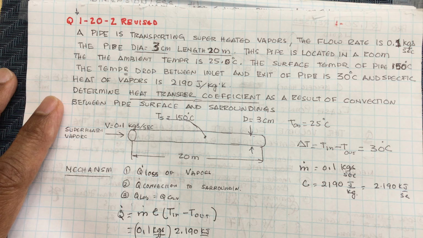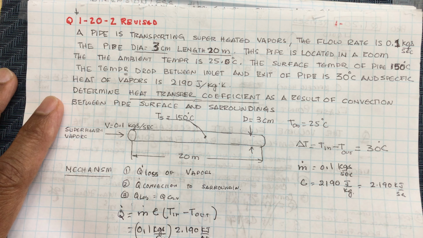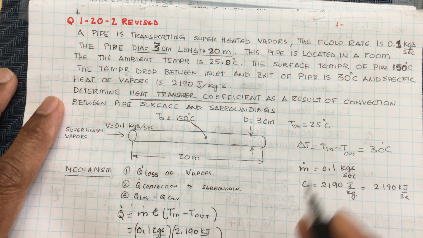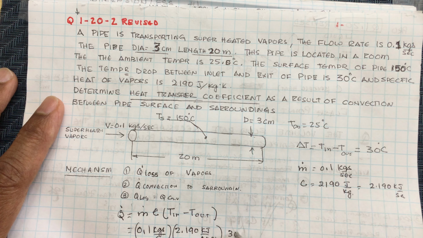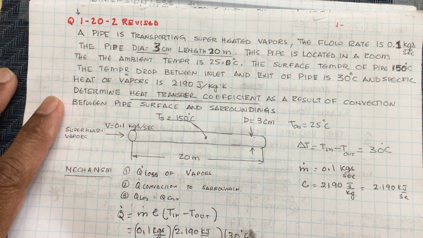Specific heat is kilojoules per kg degree Kelvin, and delta T is given to be 30 degrees centigrade.